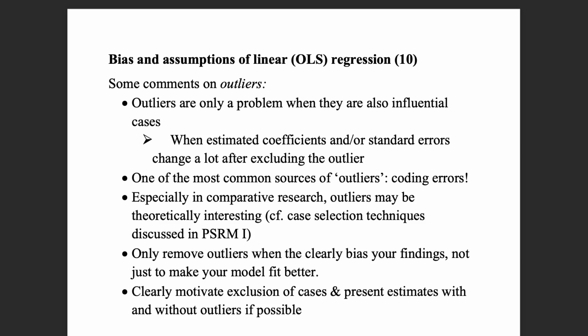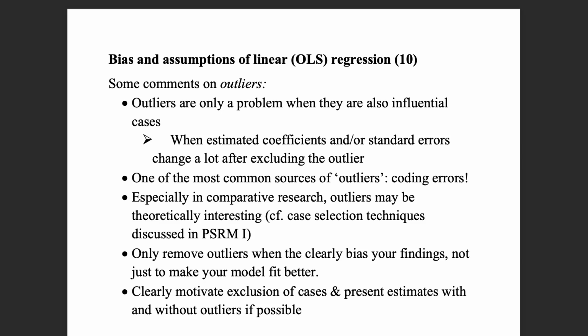Especially in country comparative research, if you're doing regression analysis, it is usually the case that you have some story about, okay, but this country is really so different that it doesn't make sense to include them in the same regression model. But be clear about the motivation, and if you do so, if at all possible, present both estimates. So present your regression model with the outliers included and with them excluded.